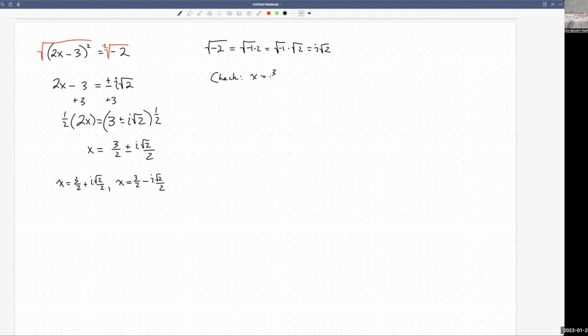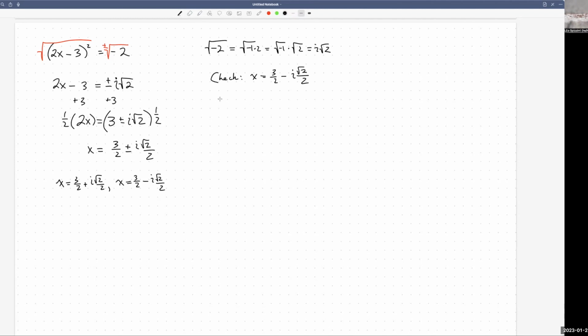x equals 3 halves plus, let's do minus root 2 over 2. I'm just going to check one of them and I'll let you check the other. My brain, my hand and mouth apparently have their own intentions this morning. Okay, so we put this value in for x.